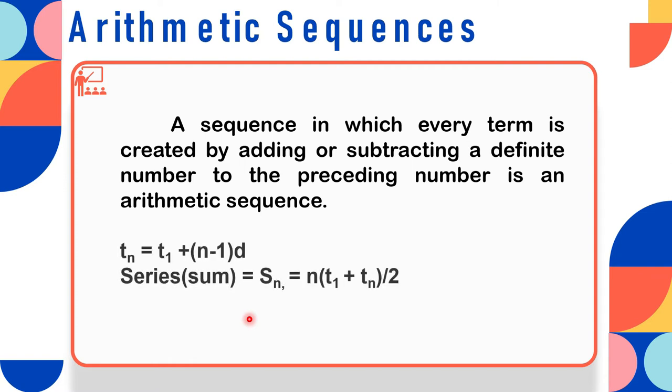So Tn equals T1 plus (n minus 1) times d. The series or sum is Sn equals n times (T1 plus Tn) divided by 2.